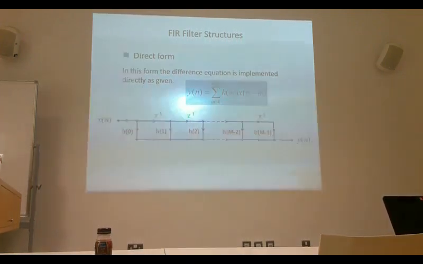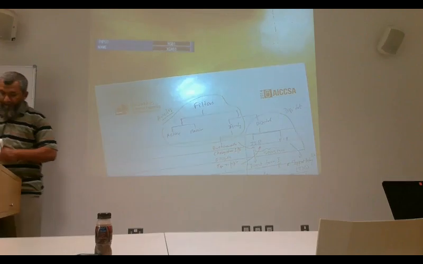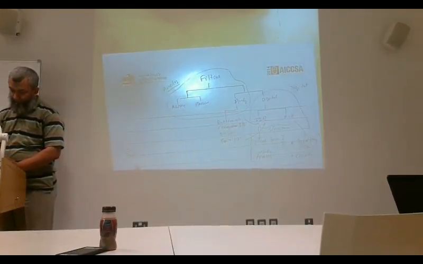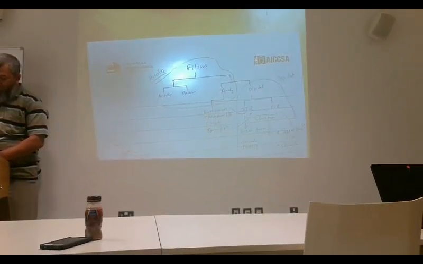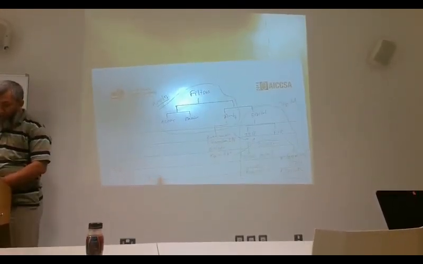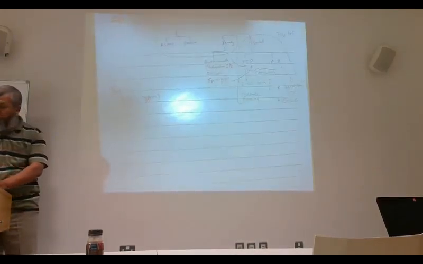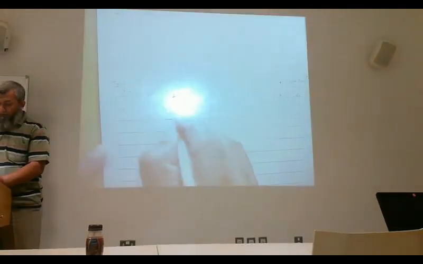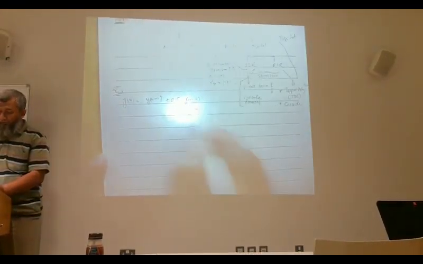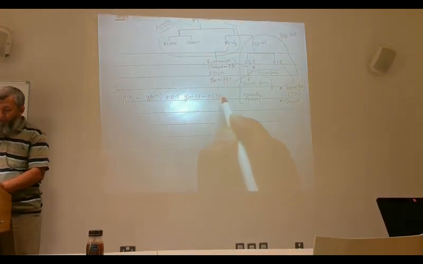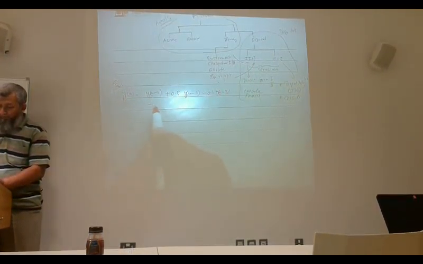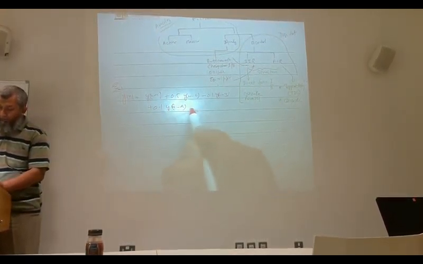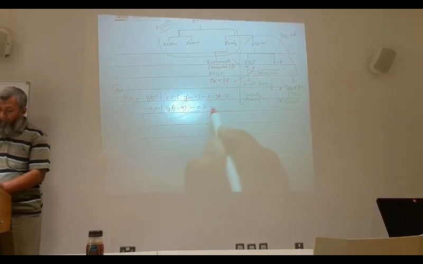Okay, let's take an example of that. Suppose my filter, so my output y of n is equal to, let's say, y of n minus 1, write down, plus 0.5 y of n minus 2 minus 0.1 y of n minus 3 plus 0.1 y of n minus 4 minus 0.2 y of n minus 5.